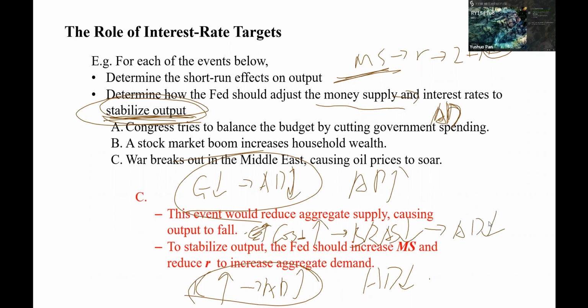So the Fed's aim to stabilize output is to increase AD. The Fed should increase the money supply and reduce R to increase aggregate demand.